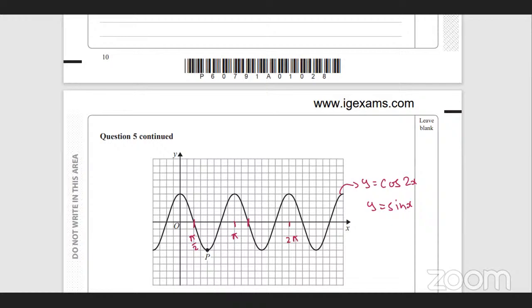2 pi, right? Now, in order to plot sine x, we know that our graph is going to start from this point and it is going to go here like this.